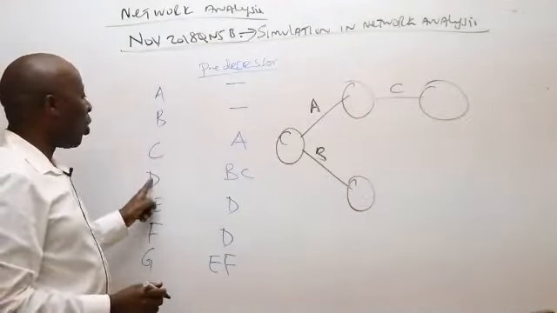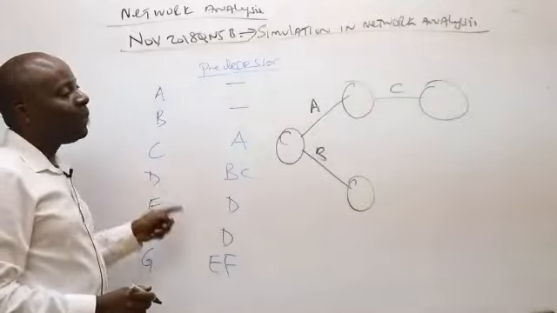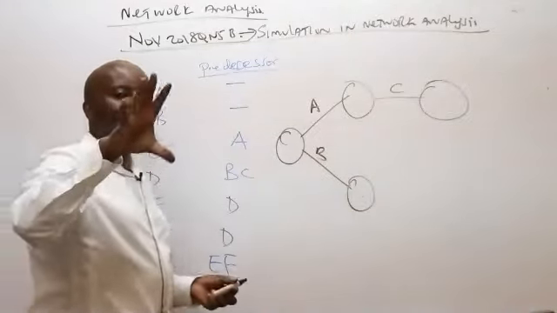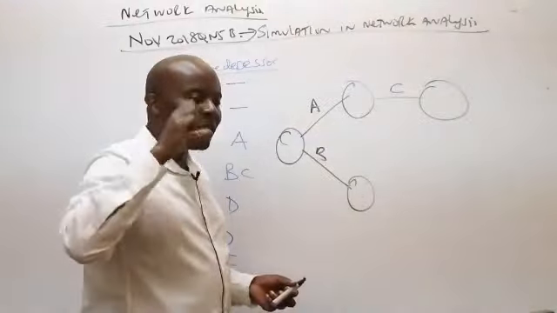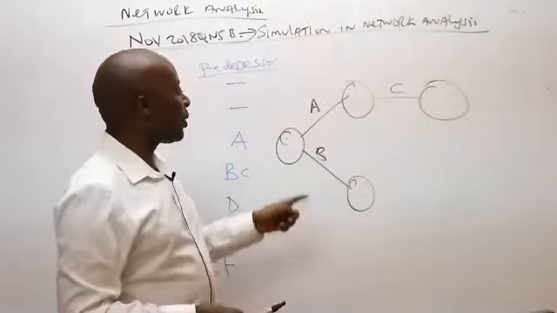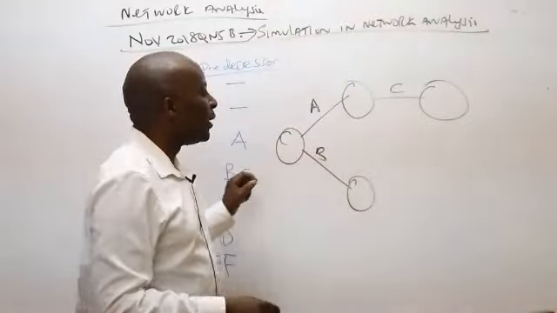And then now we have D. D comes after B and C. So I would want B and C to end together. Because they are starting from different points, there is no problem.